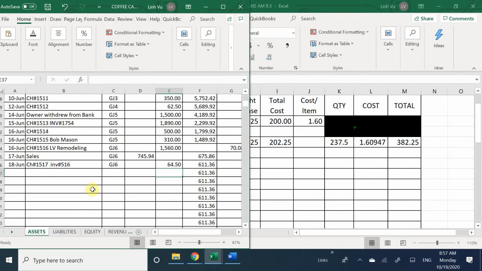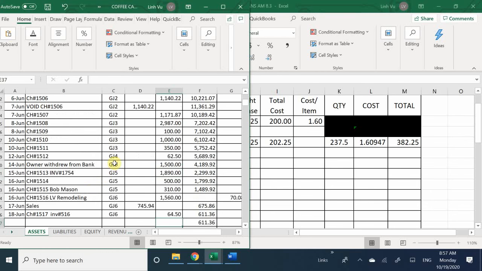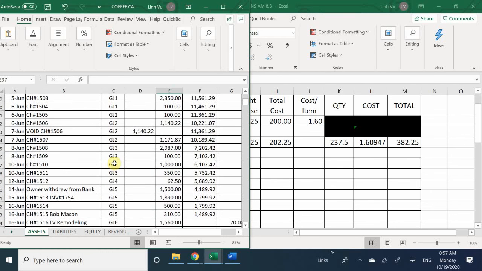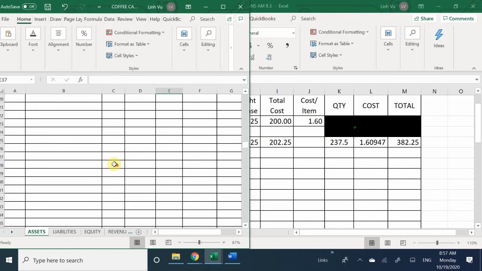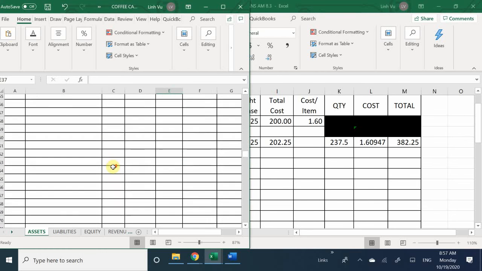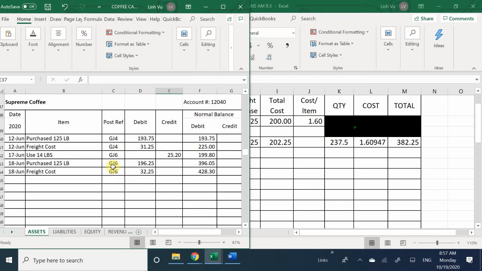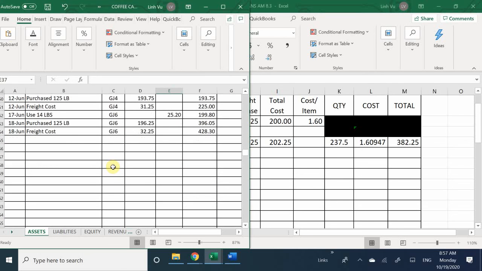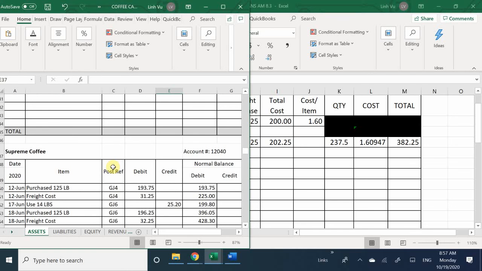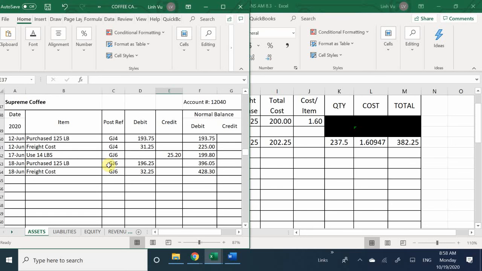It's good to always have a running balance when looking at your inventories, so you can keep track of everything that you do. Here, the 428.30, if you calculate these two combined, should equal out for the Supreme Coffee.